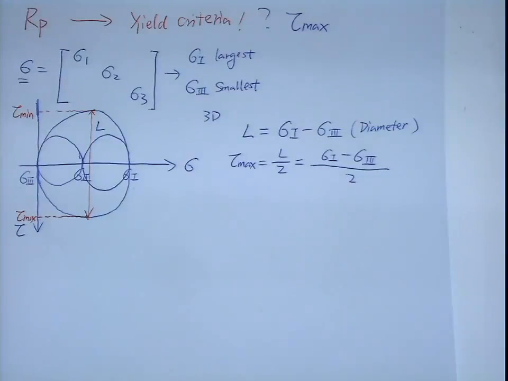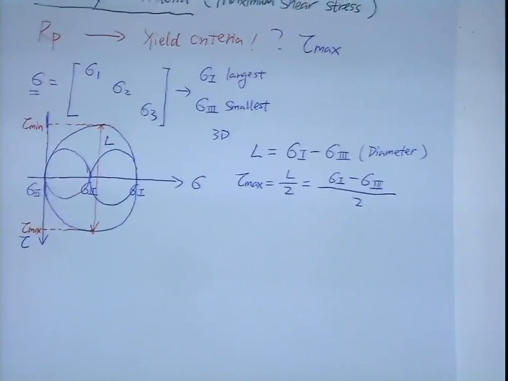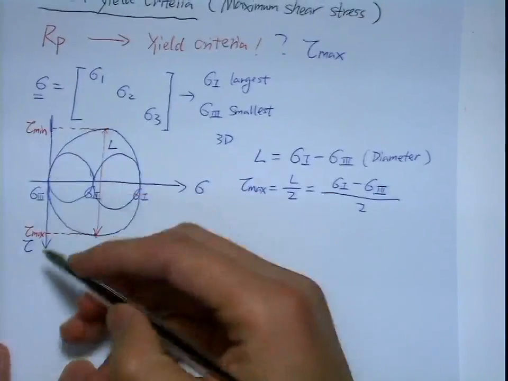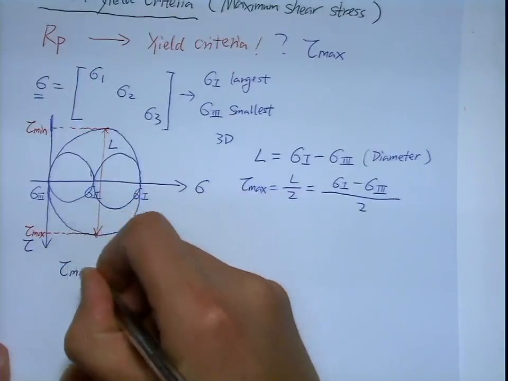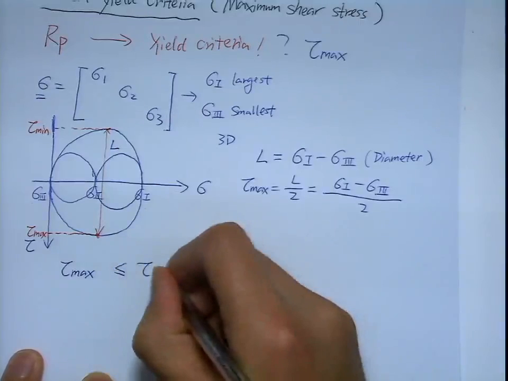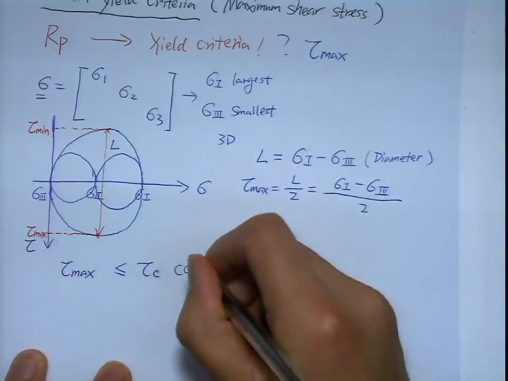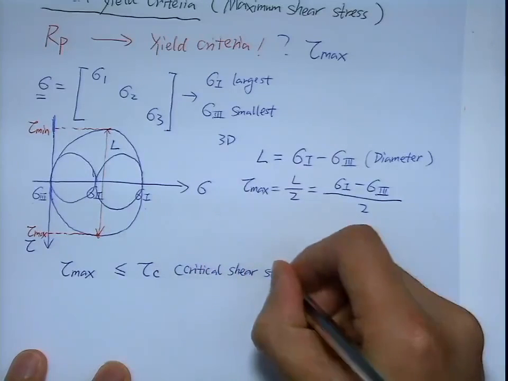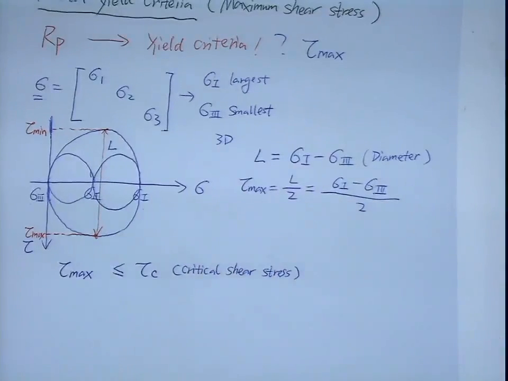Okay? So the yielding criteria for Tresca basically is: once the tau max reaches the critical shear stress, it will start to yield.